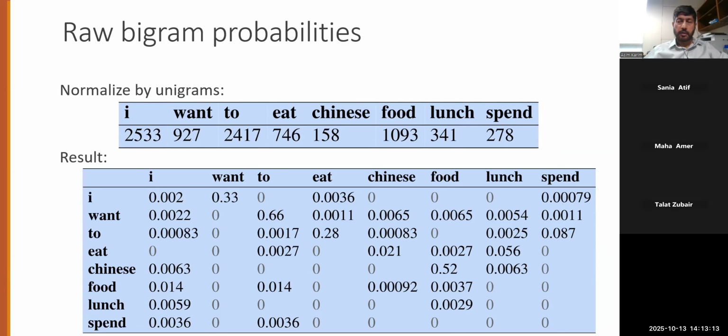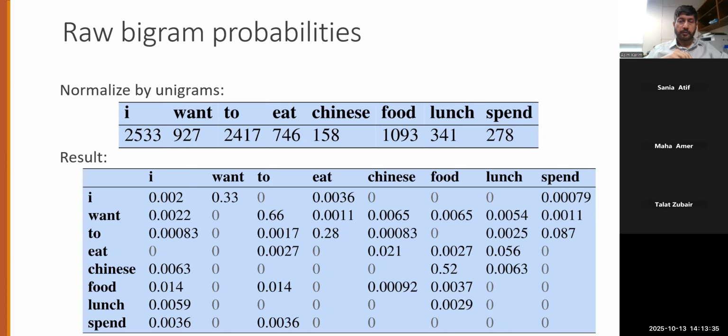So these are the probabilities. Okay, you know the formula for bigram probabilities, where you normalize by the count of the context word, which is a single unigram that precedes a given word.